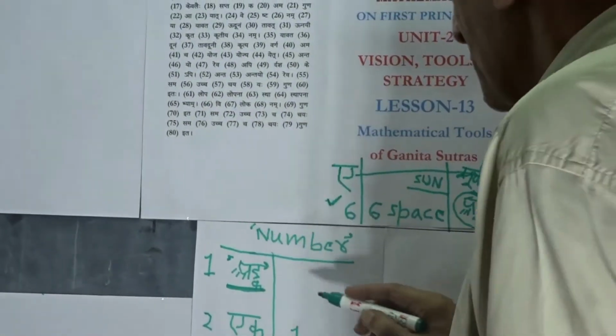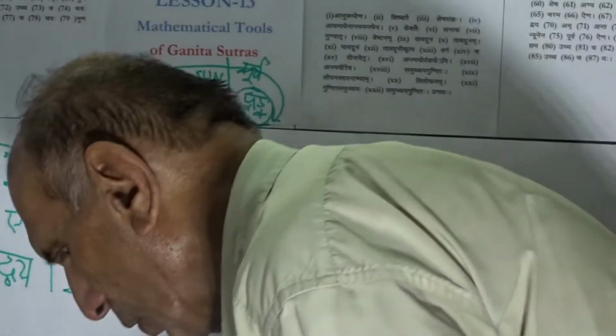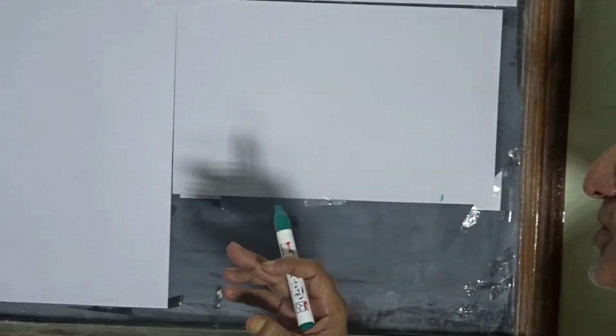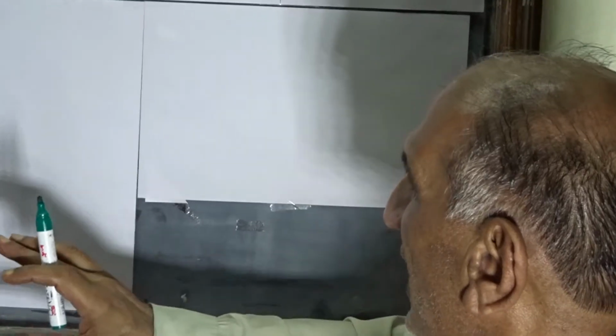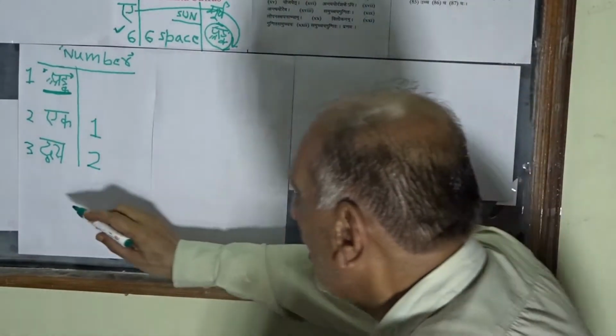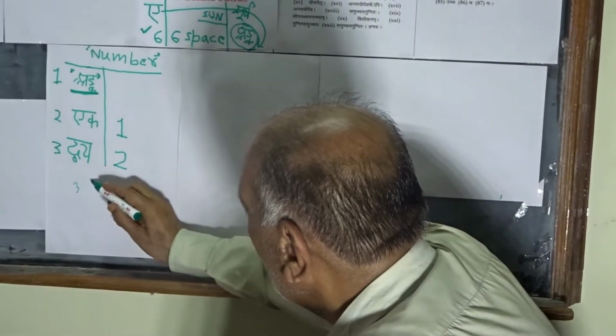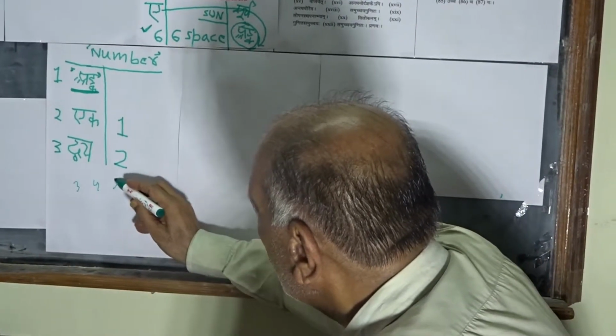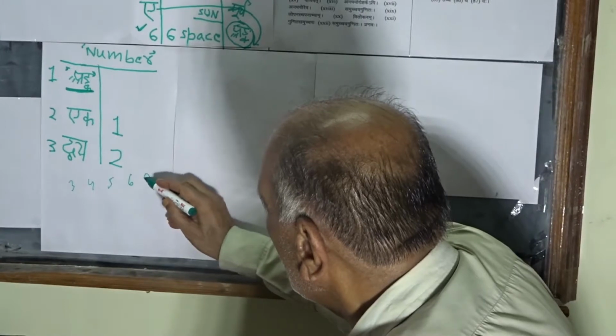Then see that 1 and 2 are being availed. Ek and Dve formulations are being availed by the text of Ganita Sutras and Upsutras. However, 3, 4, 5, 6 and 8 are not being availed.